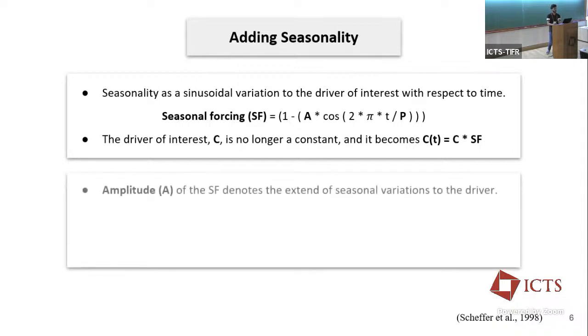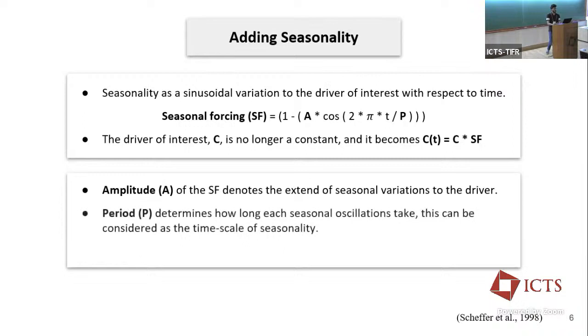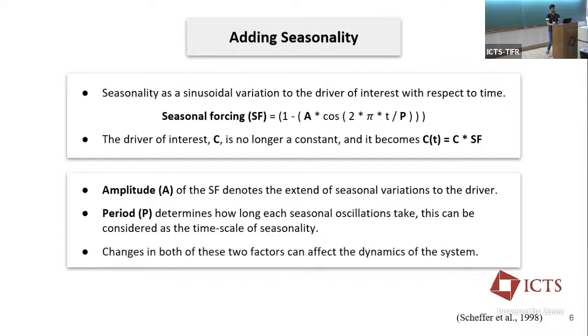And you can see here there are two parameters which can be altered in the seasonal forcing to manipulate the seasonal dynamics. One is amplitude, which denotes the extent of variations seasonality exerts in this driver parameter. And the period determines the phase of the seasonal oscillations for the driver. So in my study, I'll be changing both this amplitude and period to study the effects of seasonal dynamics.